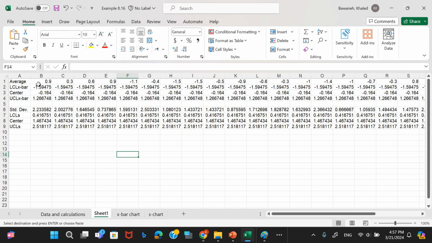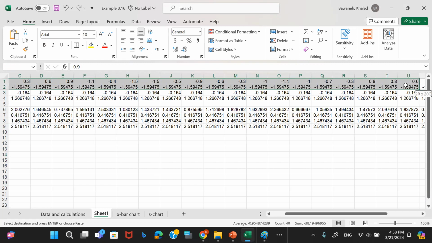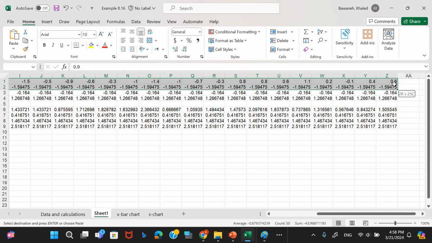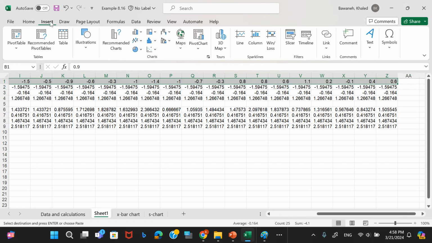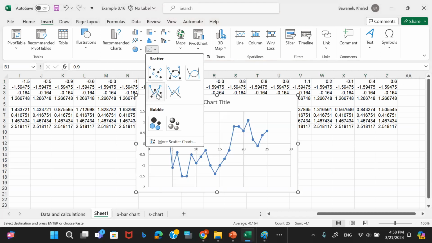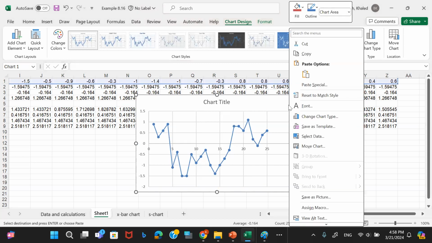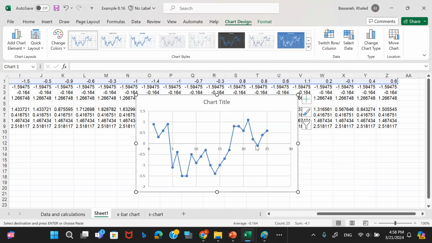Let's plot the X bar chart. I will start with the average, highlight the average, and then go to insert.